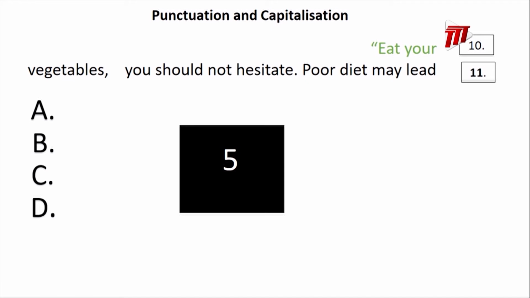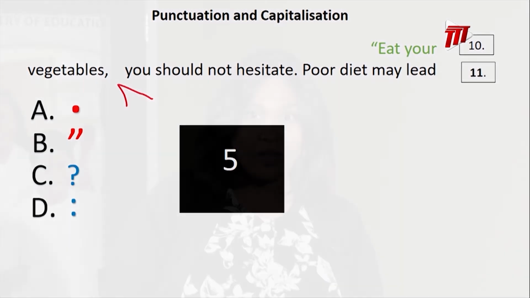Let's see if you figure out where the marks are supposed to be. Some of us might need to go through the process of figuring out if it's a full stop, end quotation, a question mark, or a colon. But our speedy readers would know that it was the end quotation that was missing, and we know where to put it.